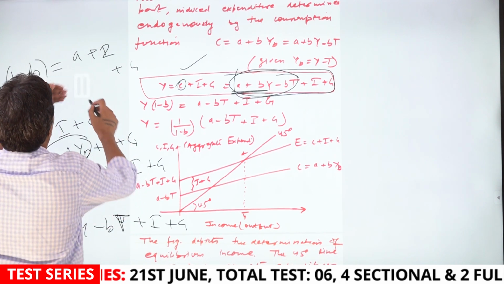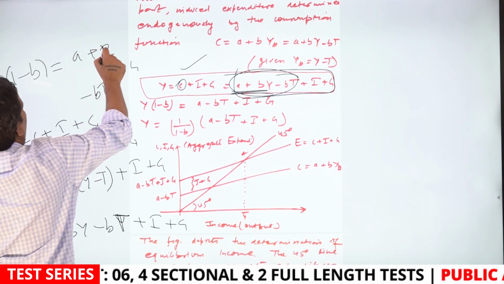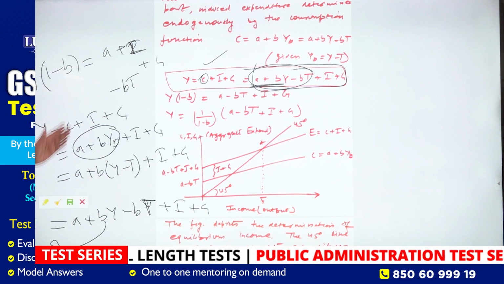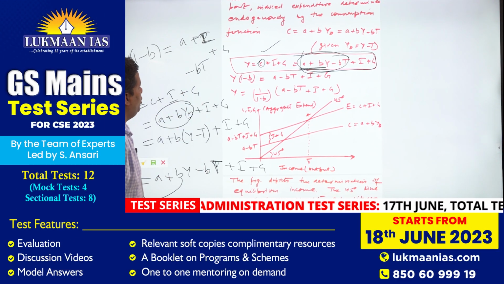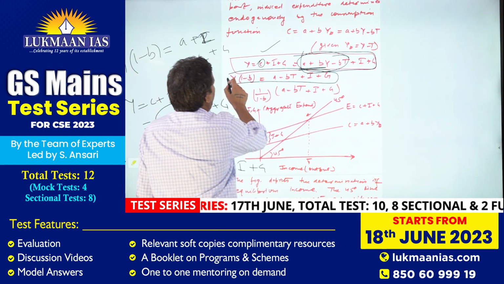Here it should be minus BT. So I've taken this term here and everything, right? A minus BT plus I plus G. Okay, so you got this equation, right?